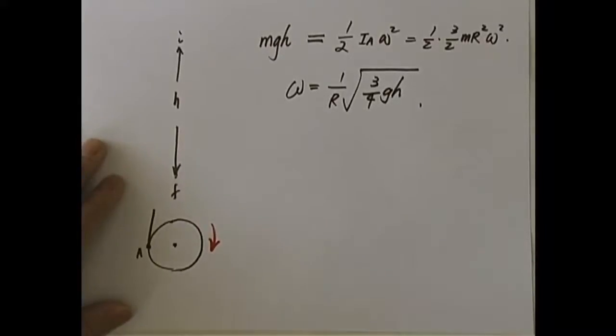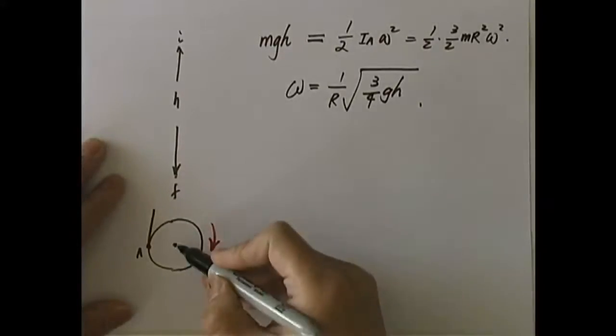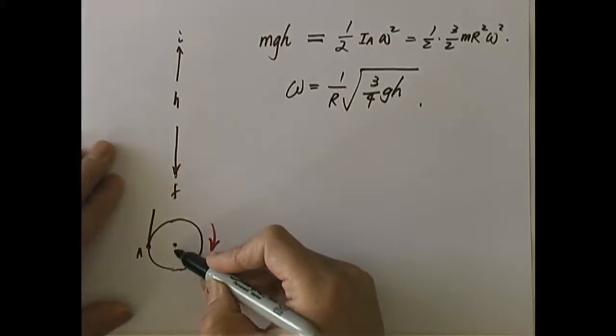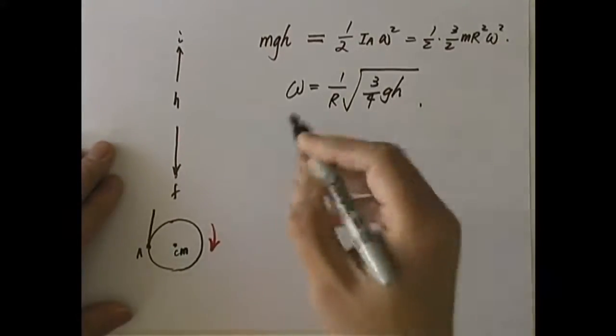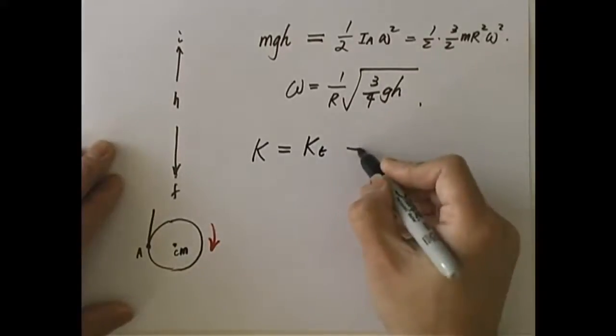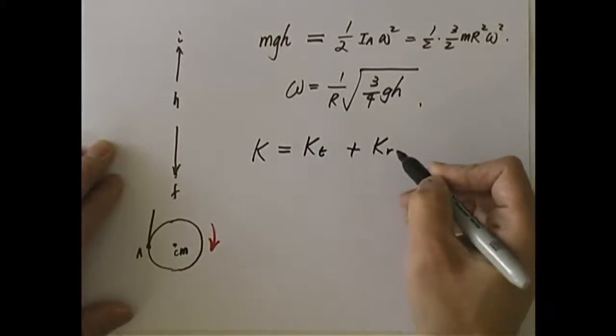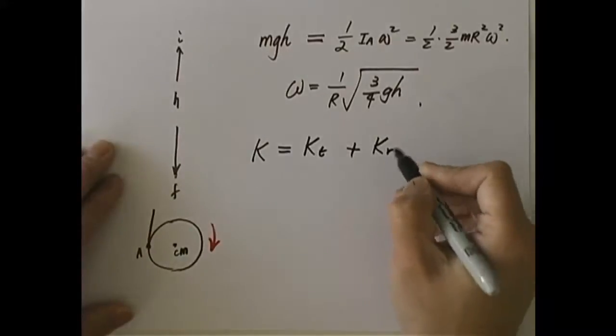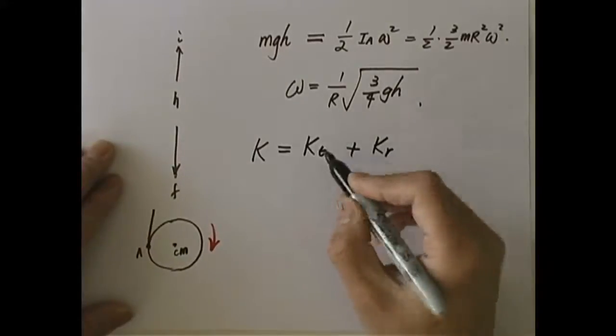Another thing is, you can always conceptually break down the kinetic energy of a rotational object into two parts, using the center of mass as a reference. You say the kinetic energy has two parts, translational kinetic energy and rotational kinetic energy. How do you break it down? Well, it turns out you must use the center of mass as a reference.